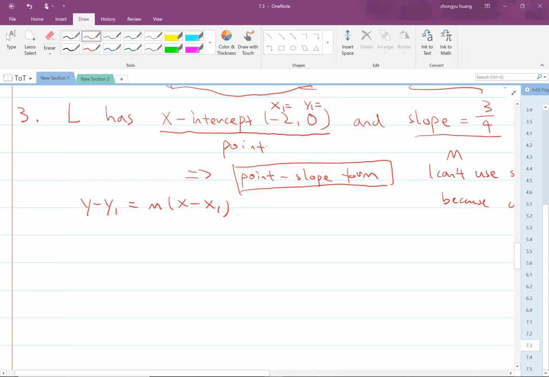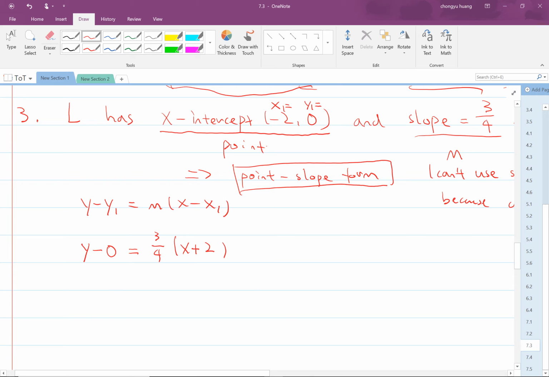Now all you have to do is plug in. y minus y1 is 0, and the slope is 3/4, and x minus x1 is x minus -2, so it becomes +2. I think we finished the question.